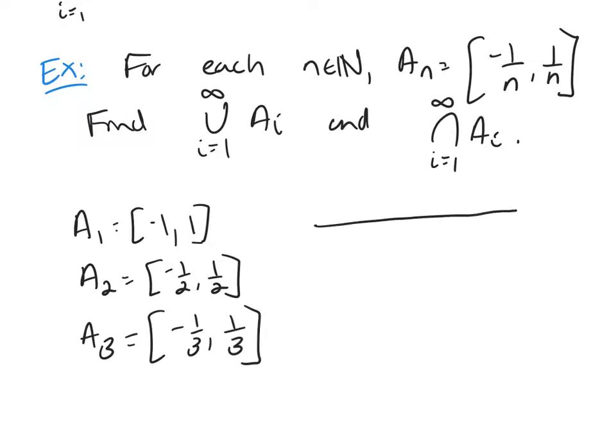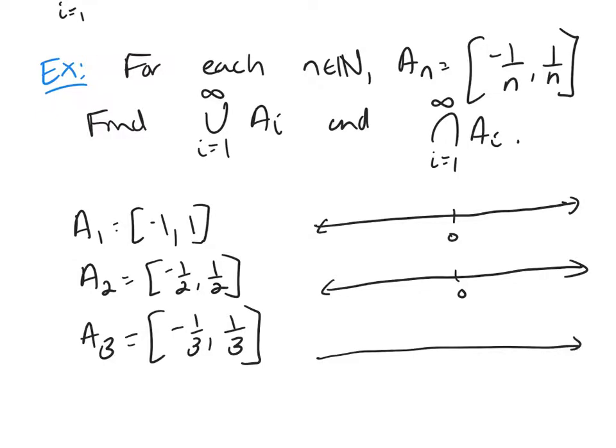So let's draw these intervals visually on a number line. Here's 0, and I'm going to try and line them all up so that they're in line with each other here. Okay, so the first one goes from -1 to 1, including -1, including 1. So then the next one will be -1/2 to 1/2.